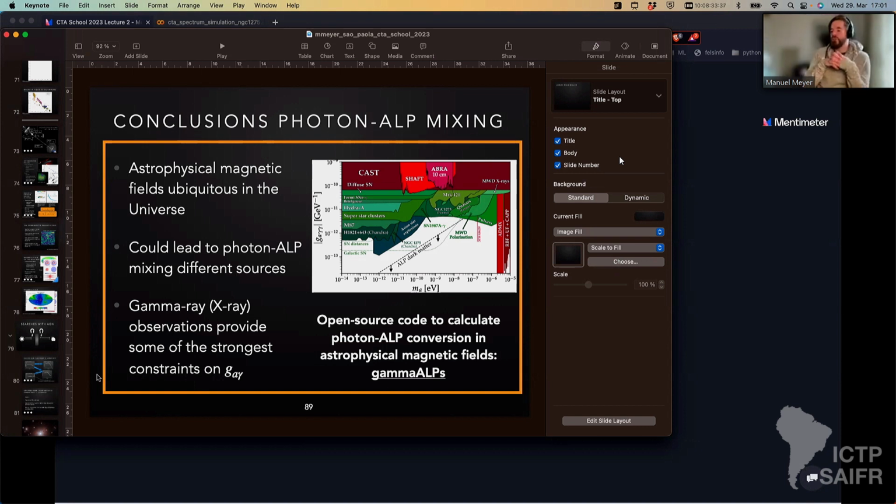Yeah, okay. So first off, for this photon-ALP mixing that I talked about here, you need a gamma ray source, or a photon source, and from the photons, through these oscillations, you get the axion-like particles. So all this actually does not assume that axion-like particles are the dark matter, right?